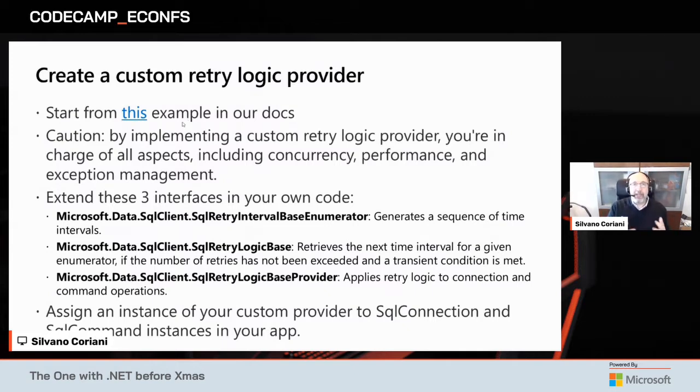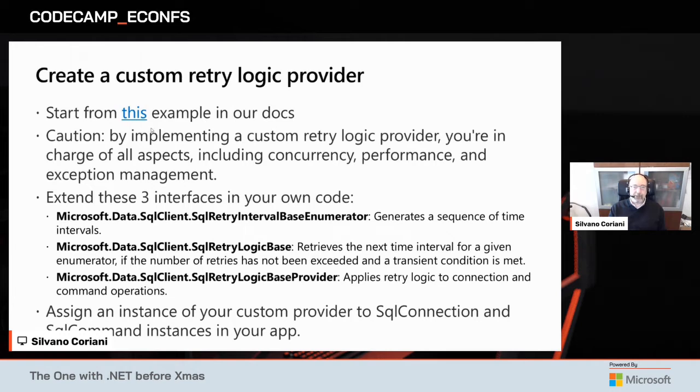For customers that really want to do more, they can create their own retry logic provider. So in my previous demo, I was just leveraging the default out-of-the-box retry logic provider, which provides those four retry methods: fixed, incremental, exponential backoff, and such. But there may be situations where customers want to do more, right? And create their own retry logic provider.